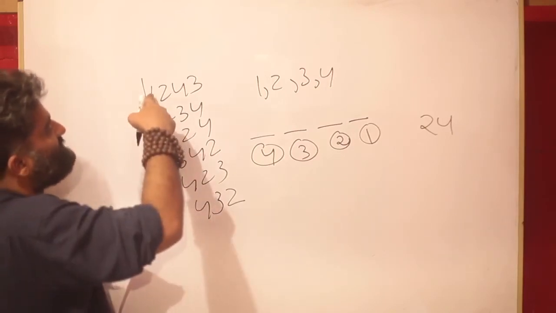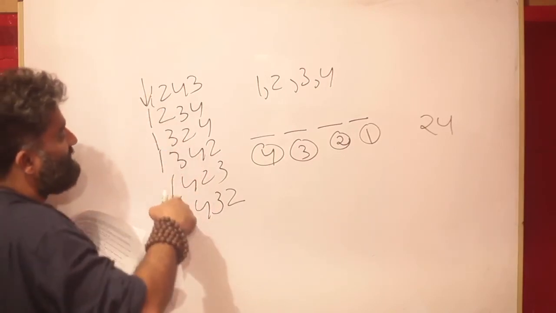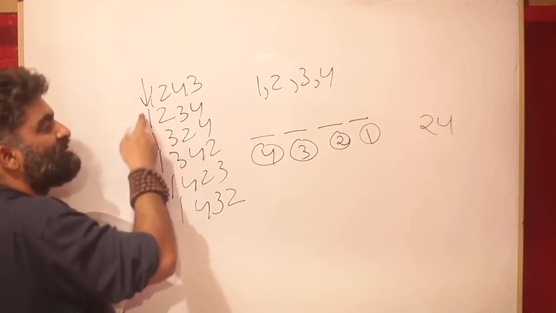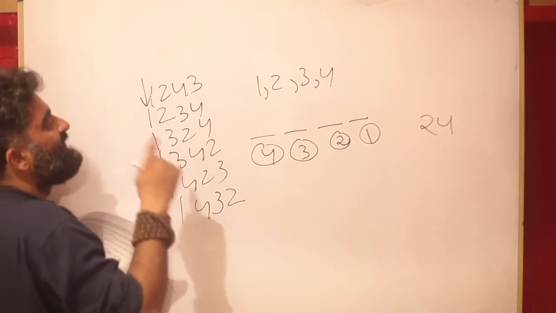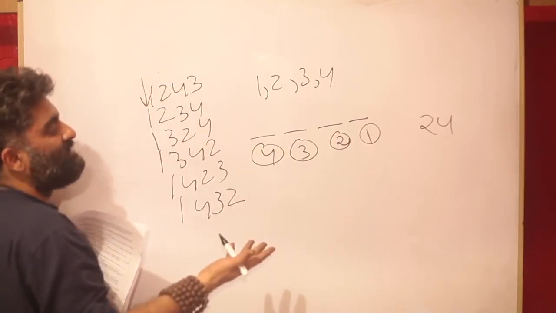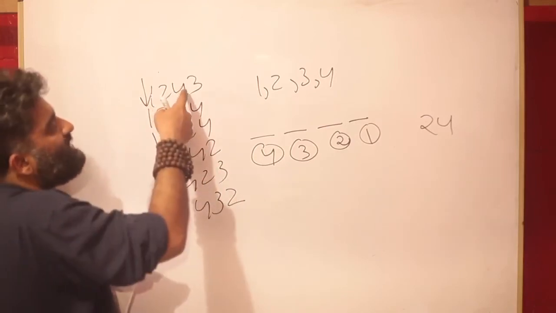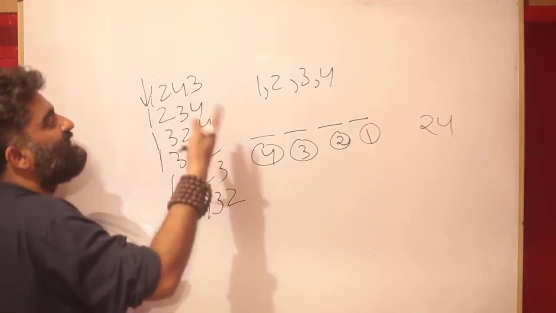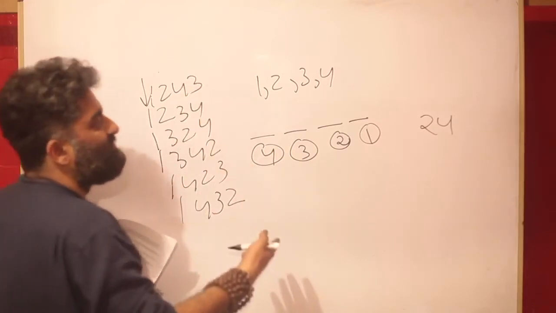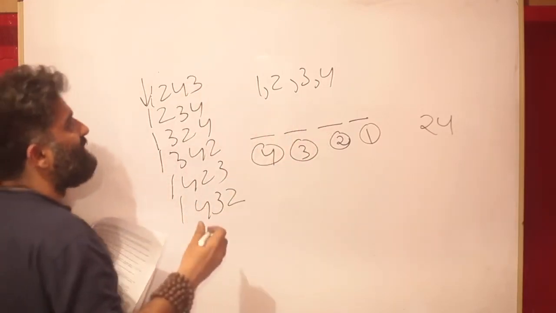So how many numbers were there? 1, 2, 3, 4, 5, 6, right? If you think of 1 on the first position, there were 6 such numbers. If you think of 1 at the second position, again you will get 6 numbers. At the third position, again 6 numbers, and at the unit position again 6 numbers. Overall you will get 24 numbers, right?